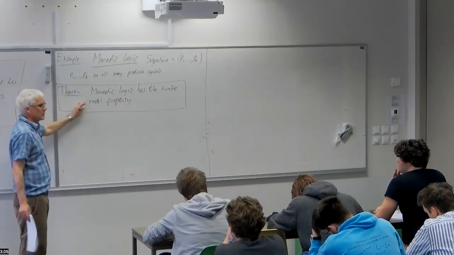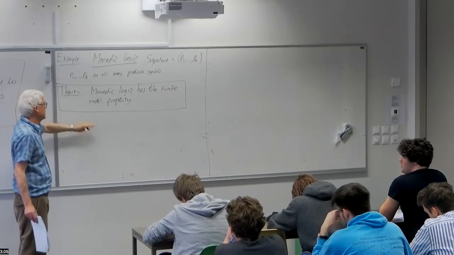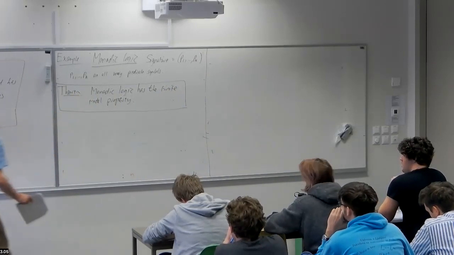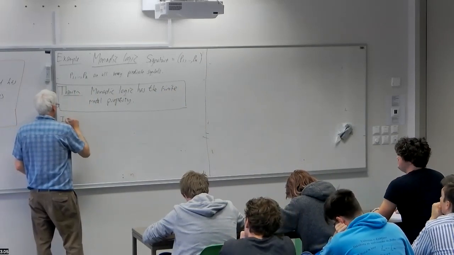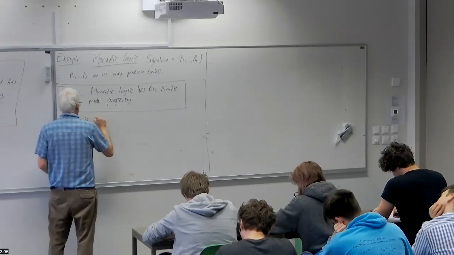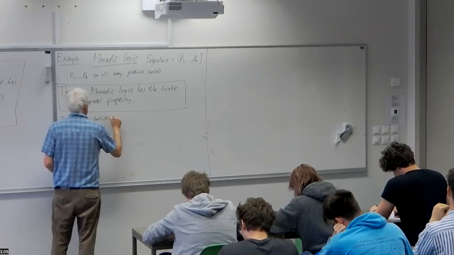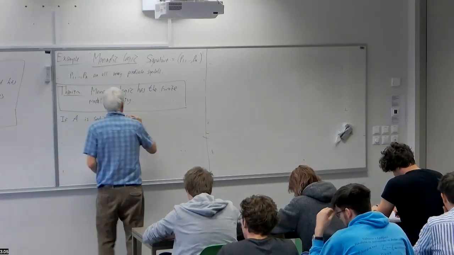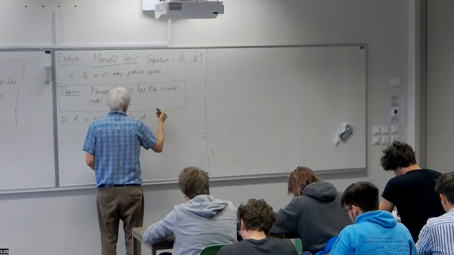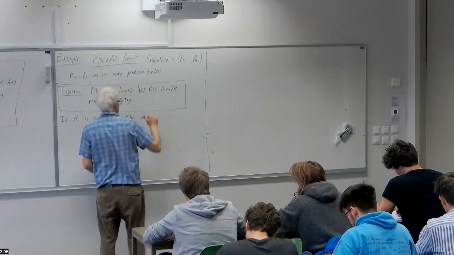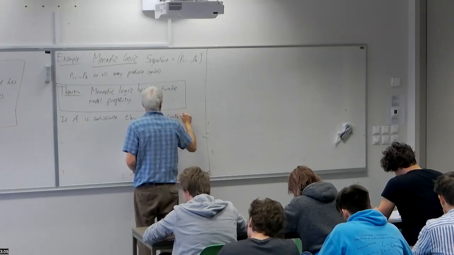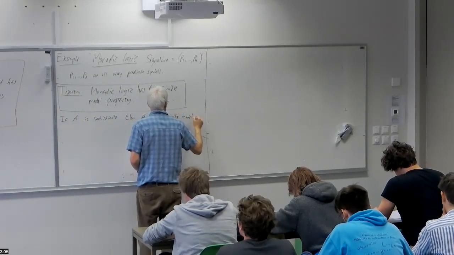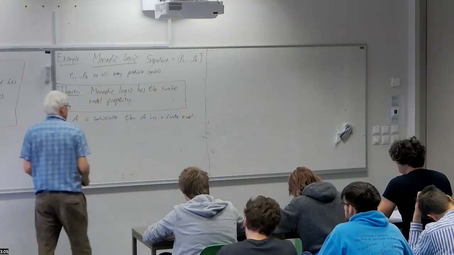And the finite model property says, if A is satisfiable in any structure for this signature, then A has a finite model. So it's true in some finite model.